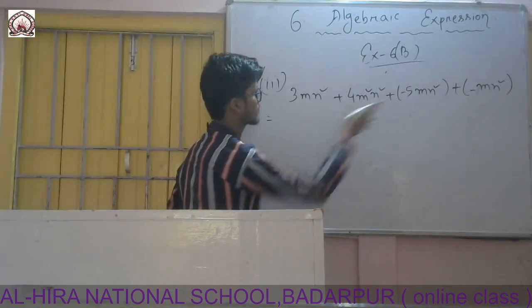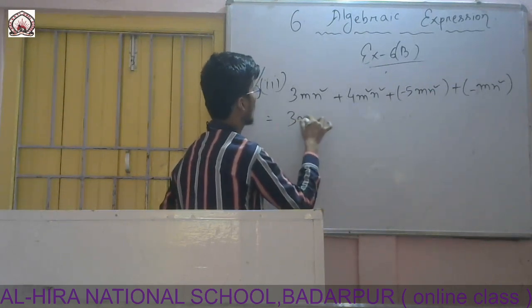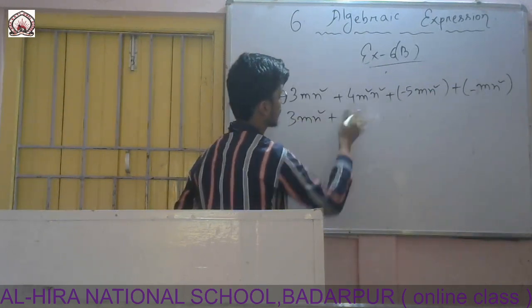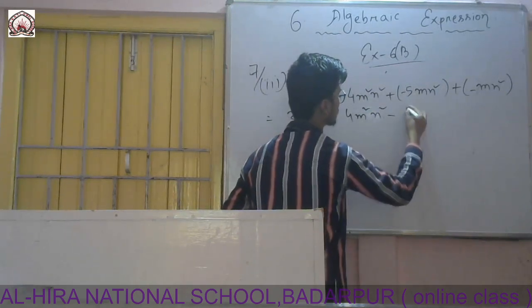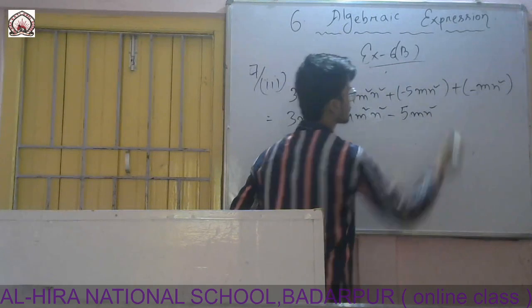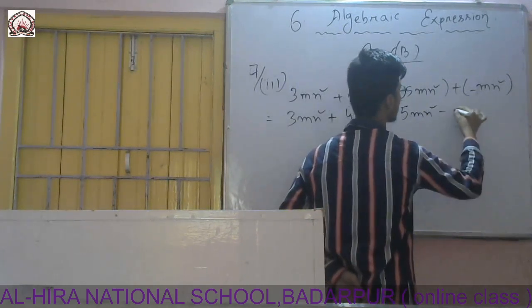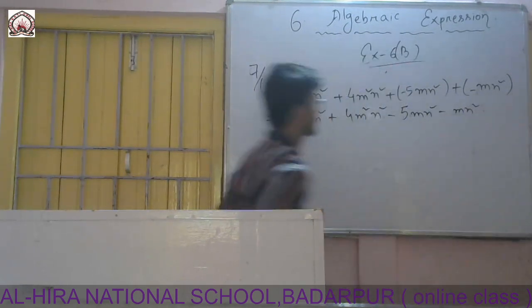First of all, I will take this term out of the bracket, 3mn square. This one I will also write the same, 4m square n square, plus minus is minus 5mn square, again plus minus is minus mn square.